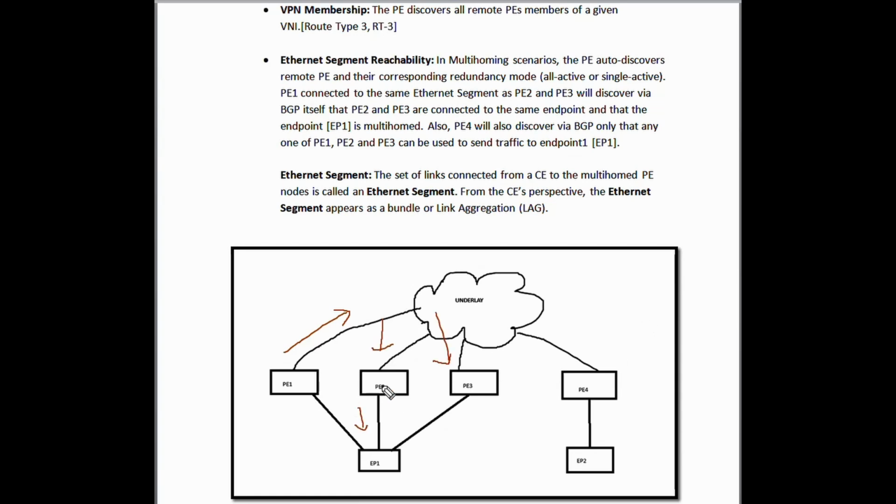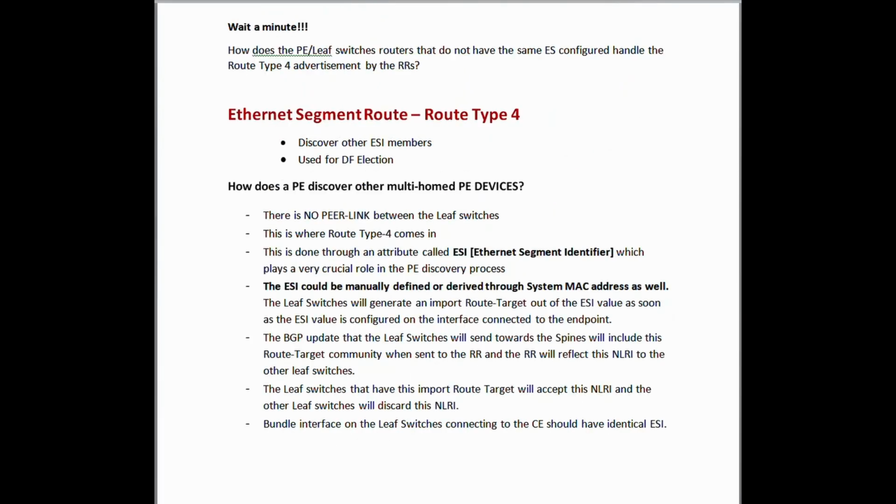Once PE2 and PE3 receive this BGP update from the route reflectors, they can establish that endpoint 1 is a multi-homed device. So there are primarily two functions of the Ethernet segment route, or route type 4. One, to discover other ESI members or other PE routers connected to the same Ethernet segment. Secondly, it's used for the designated forwarder election, which we will cover in a little while.